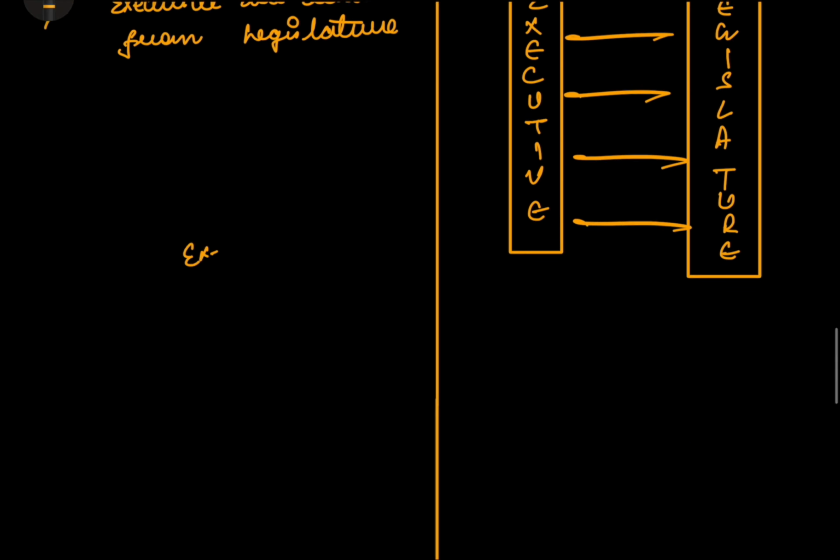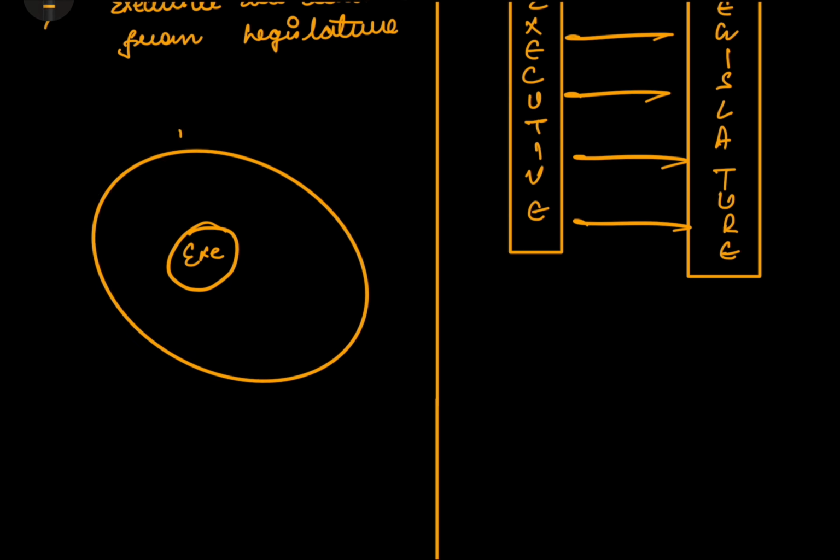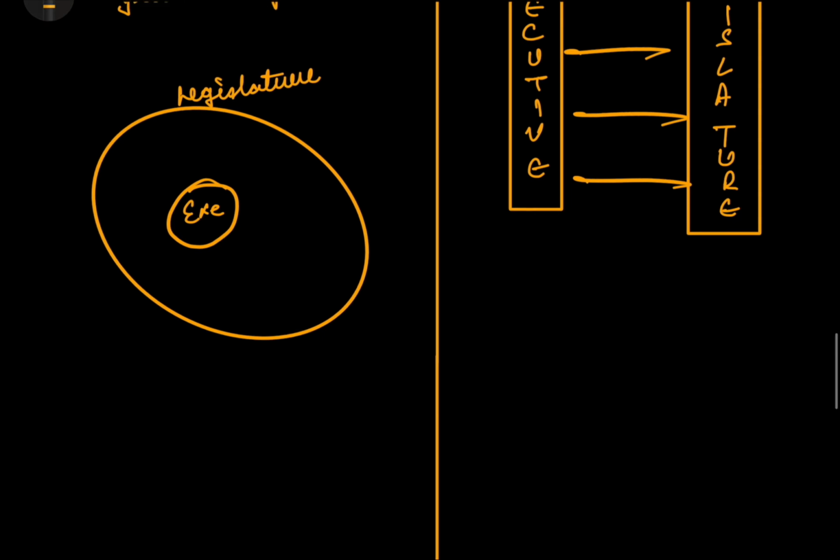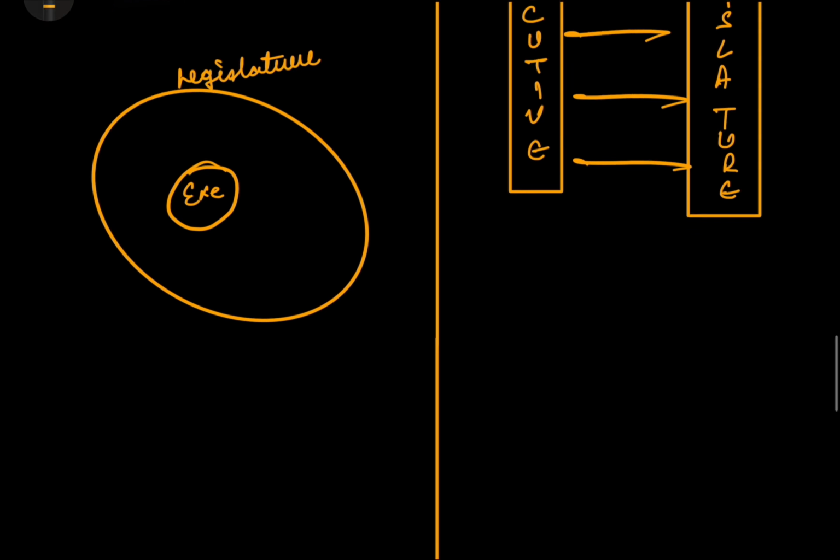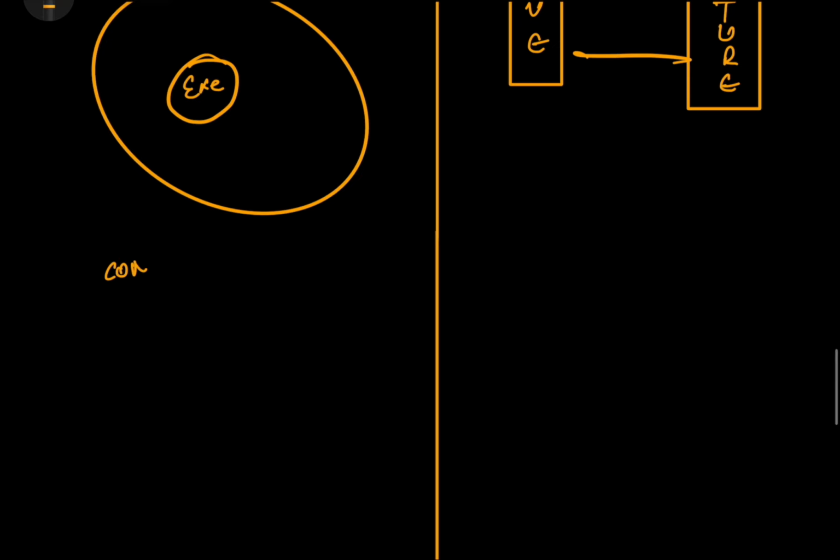क्या मतलब हुआ इसका? जैसे कि अगर कोई भी काउंसिल ऑफ मिनिस्टर का जो पार्ट बनता है, anyone who is in the council of ministers, it is mandatory for him to be a member of parliament first. तो member of parliament बनकर he can be in the council of ministers.